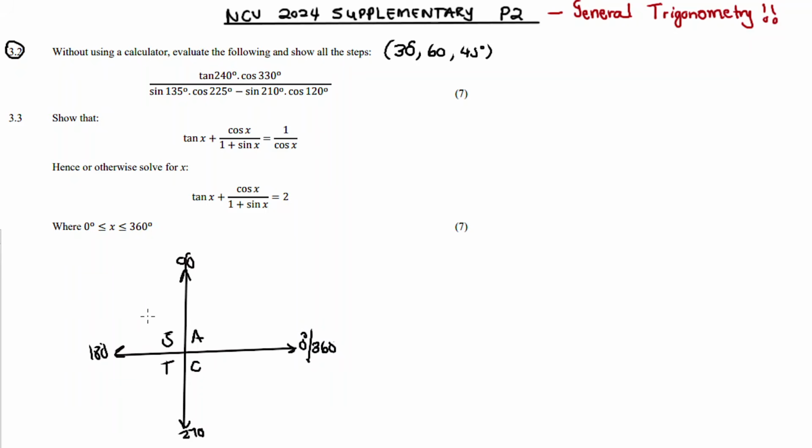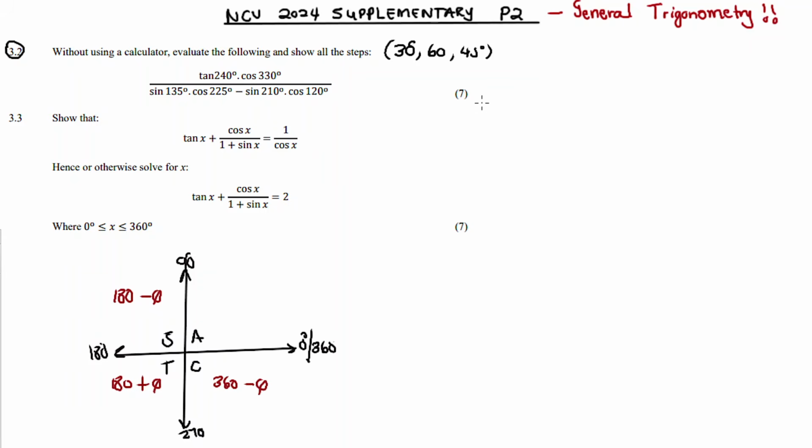Our reduction formulas are 180 minus theta, 180 plus theta, and 360 degrees minus theta. These are the reduction formulas that we have in three quadrants: second, third, and fourth, right?